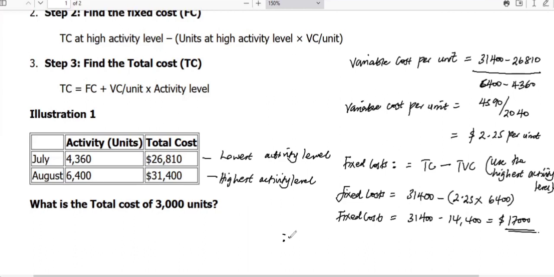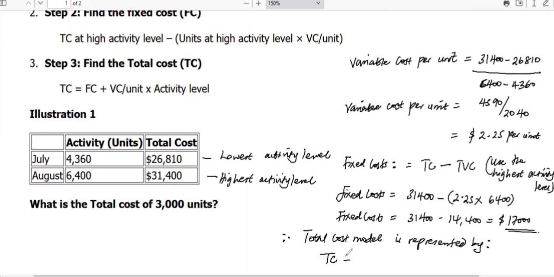Therefore, the total cost model is represented by what?